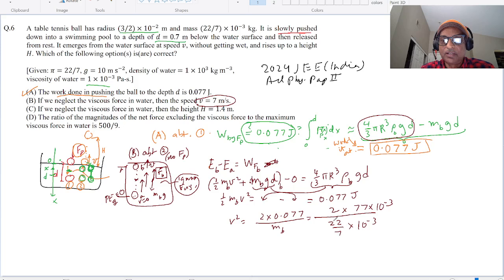You can see it becomes 11, and this 11 cancels 7, and this cancels that. This 7 times 7, and this is the speed, so V equals plus 7 meter per second. So B is correct too.